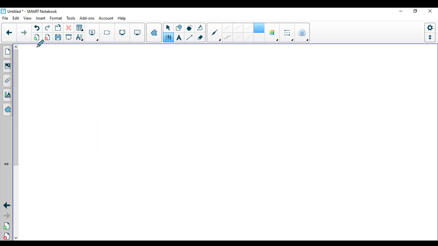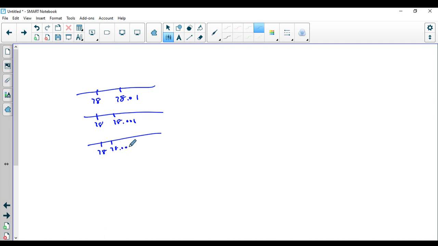So in other words, again, not to scale here, we just looked at 78 to 78.01. Well, what if we tighten the interval up and we go 78 to, again not to scale, 78.001, or tighten the interval up again and go 78 to 78.0001? So you can keep making the interval smaller.